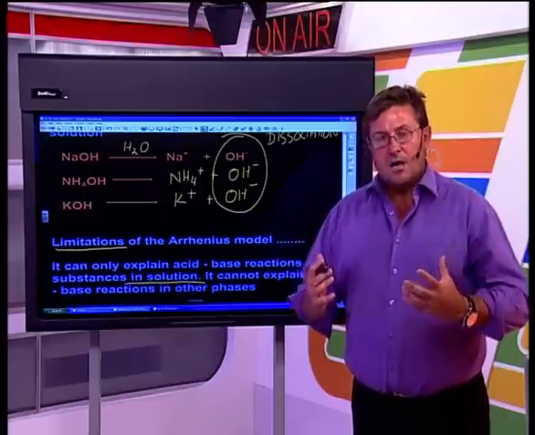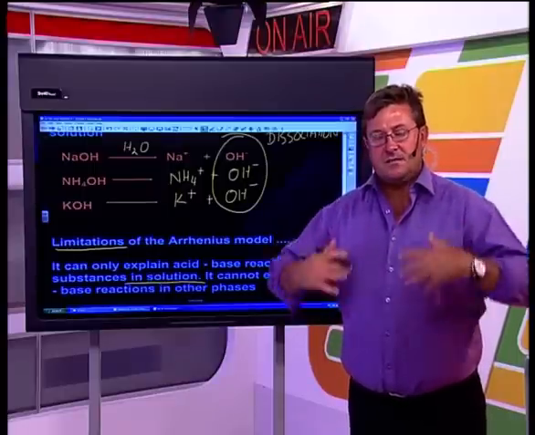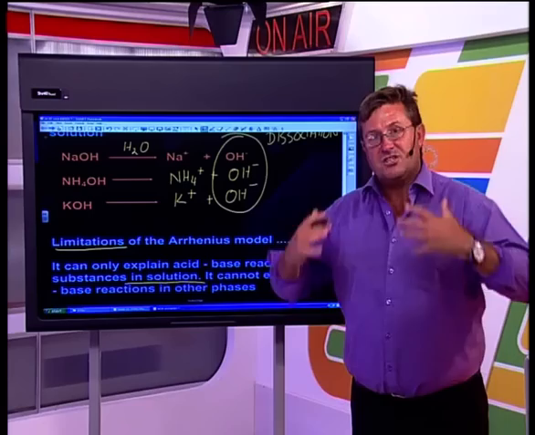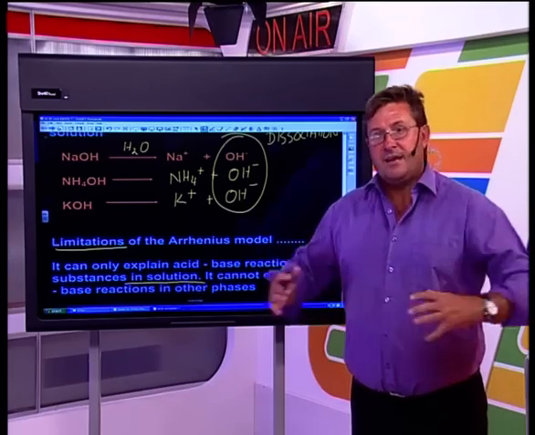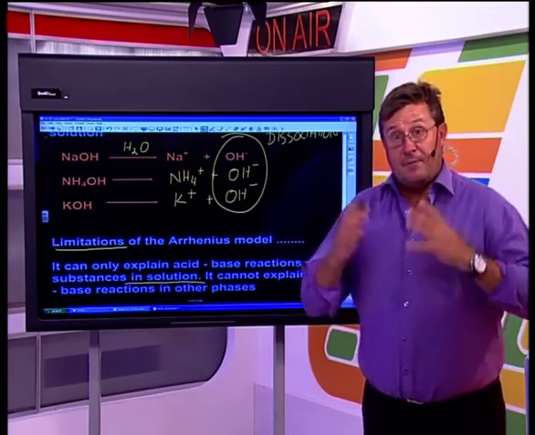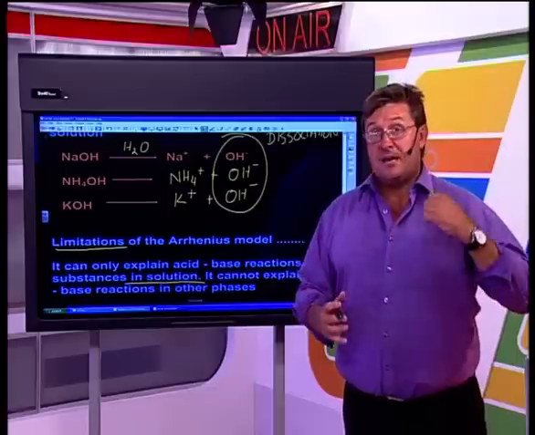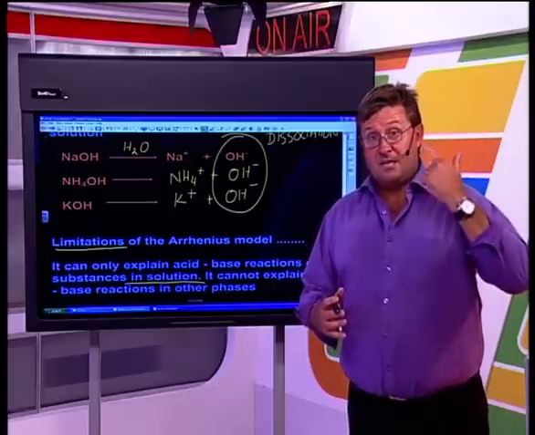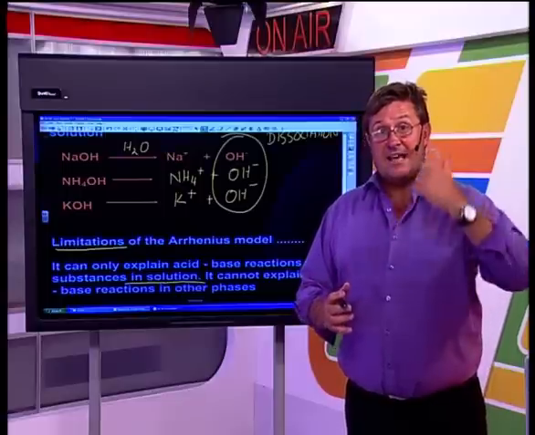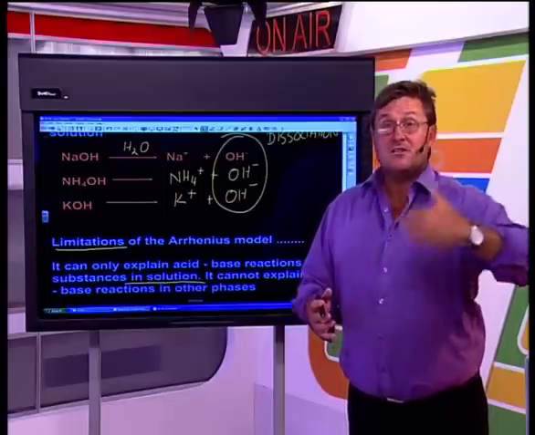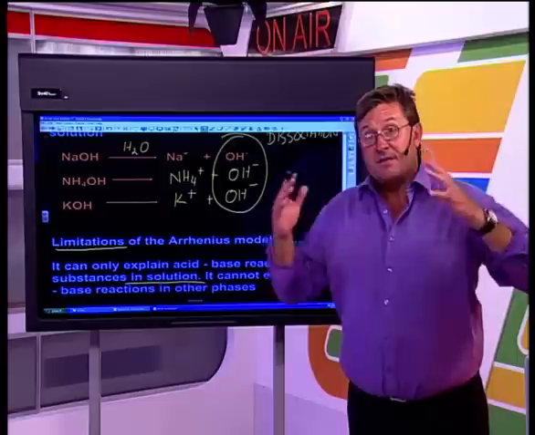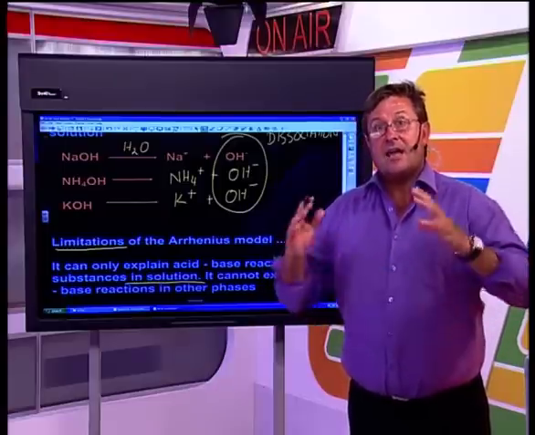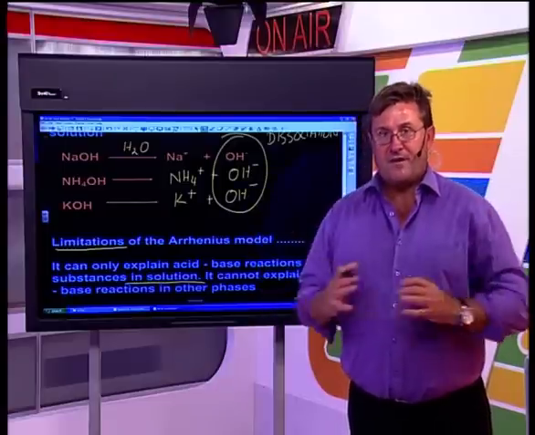It allowed for the understanding of acids and bases beyond just solutions. It allowed for acid-base reactions to take place between gases, between gases and liquids, between gases and solids, between solids and solids even. And we find now that acid-base reactions can occur through all the phases.